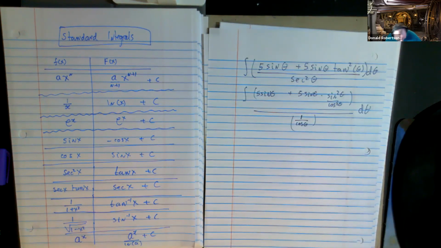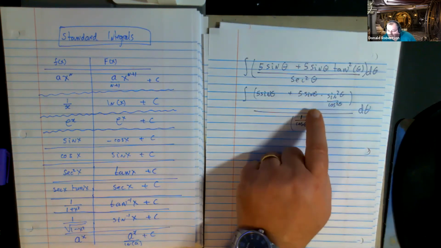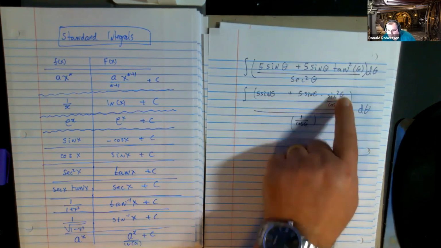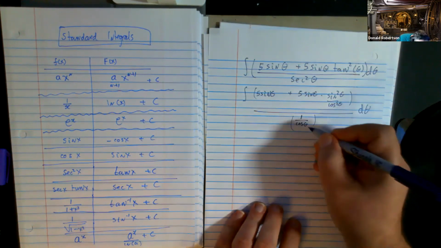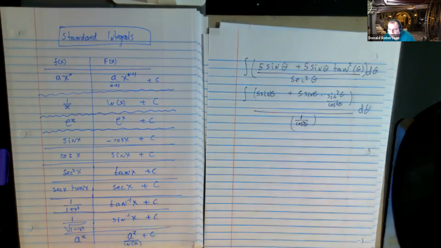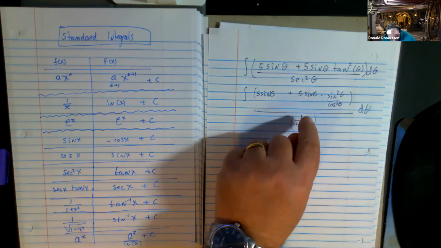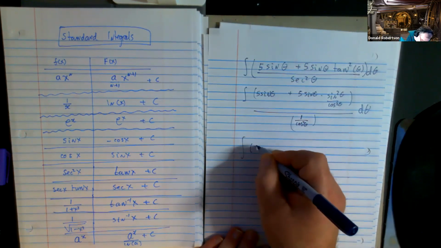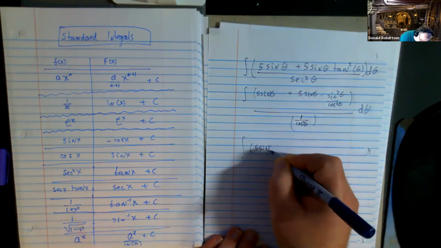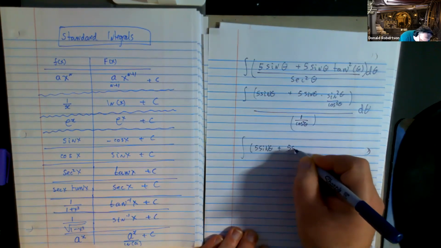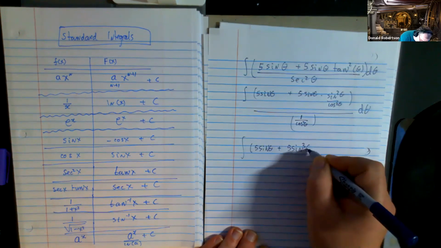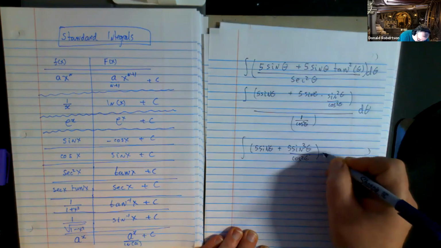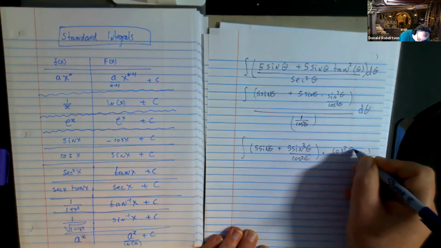Now, this gets uglier before it gets nicer. This is a fraction. This is the top. This is the bottom. Can't you take this multiplied by the reciprocal? And if you do, you get 5 sine theta plus 5 sine cubed theta over cos squared theta, just combining those, times the reciprocal, which is that guy.